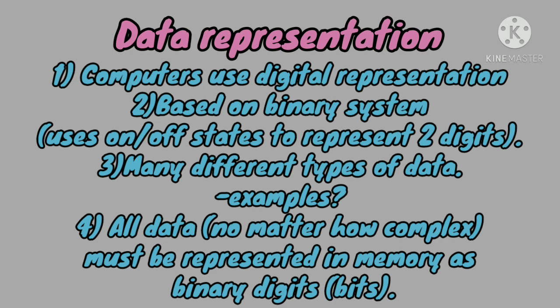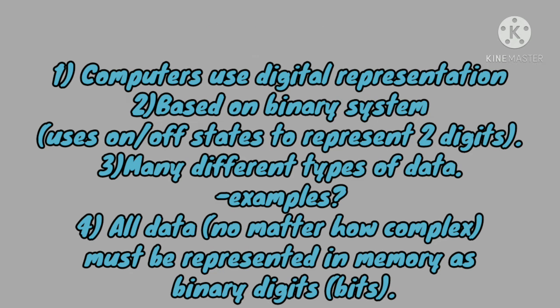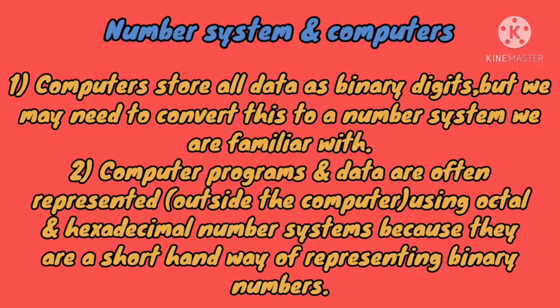Let's have a look at data representation. Computers use digital representation based on the binary system. There are many different types of data and all the data must be represented in memory as binary digits, that is bits. Number system and computers.